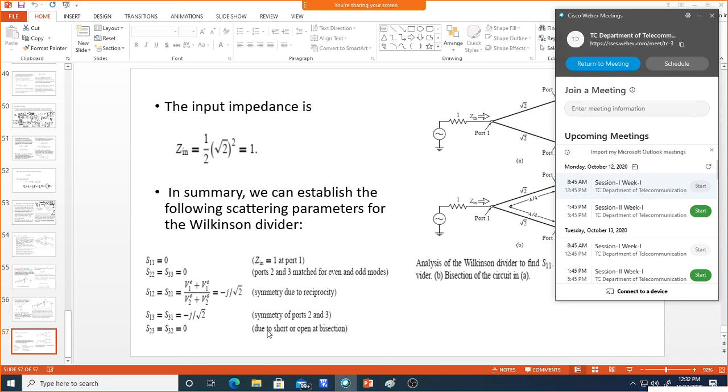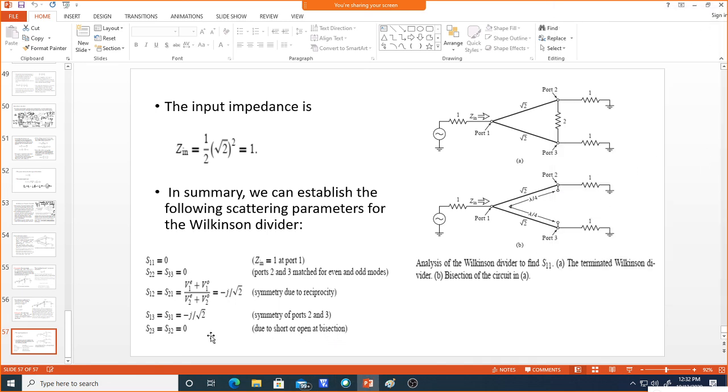so due to the short or open circuit, the output ports are isolated, so that's why S23 and S32 will be 0. This is how the short circuit and open circuit are shown here.